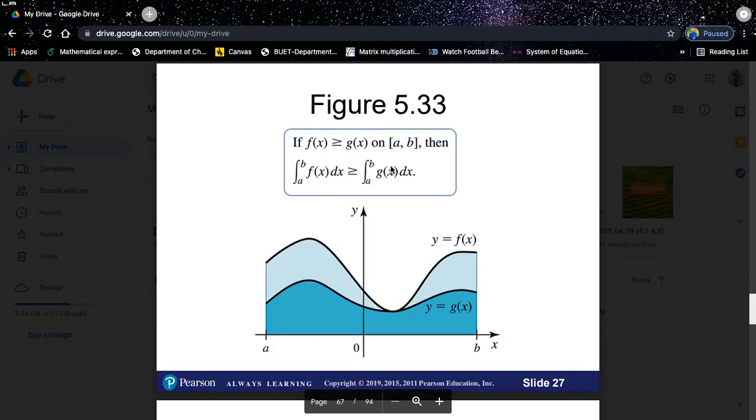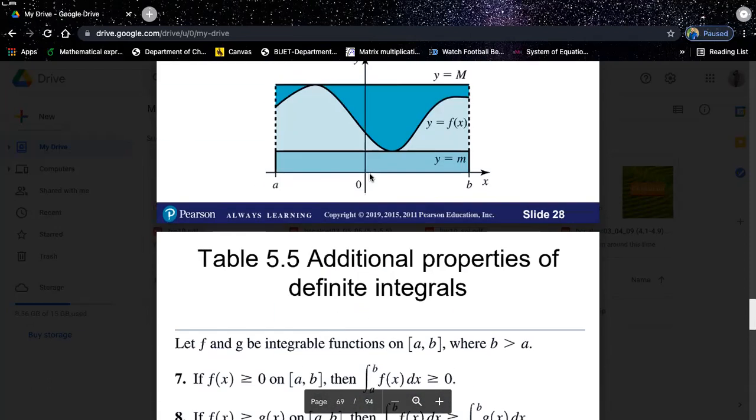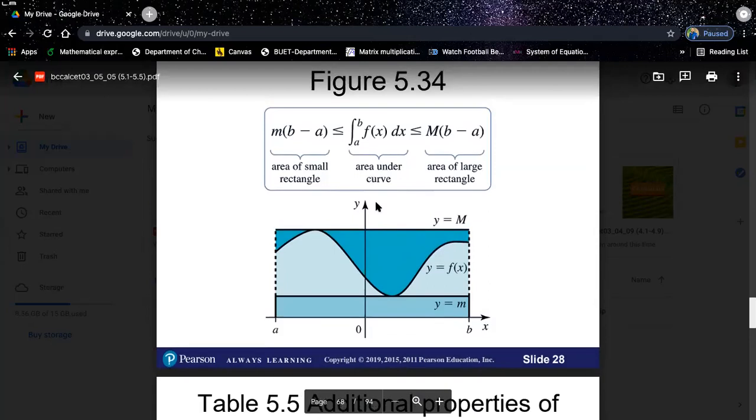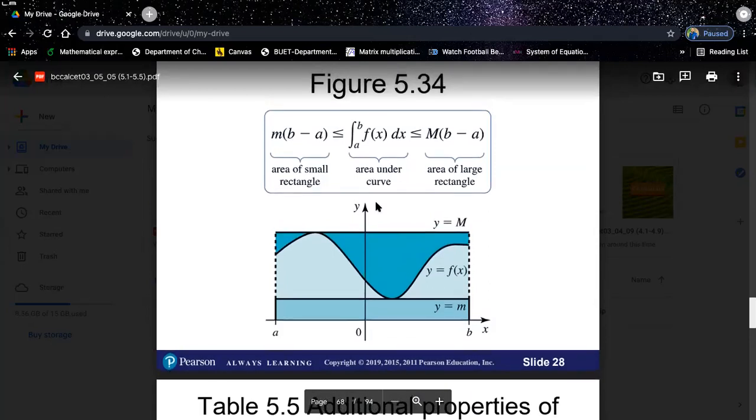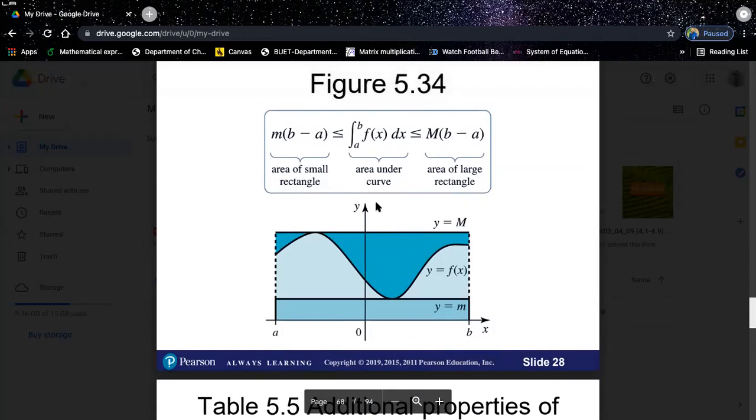Okay, let's see what we have next. I think we're almost to the end of this slide, 5.2. Okay, this one, yeah. Although you will not really use this particular property here in Calc 1, if you are moving to Calc 2 or some other maths course, for example analysis, I think you will use this several times, okay?